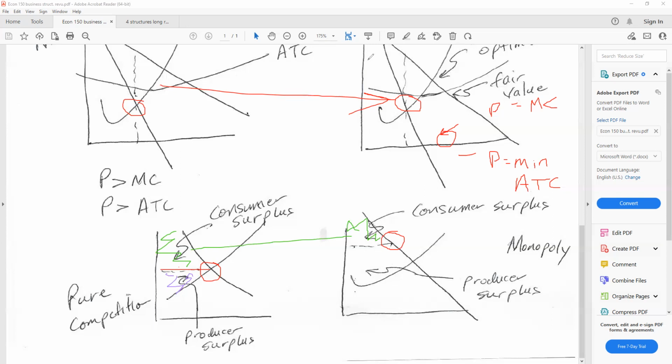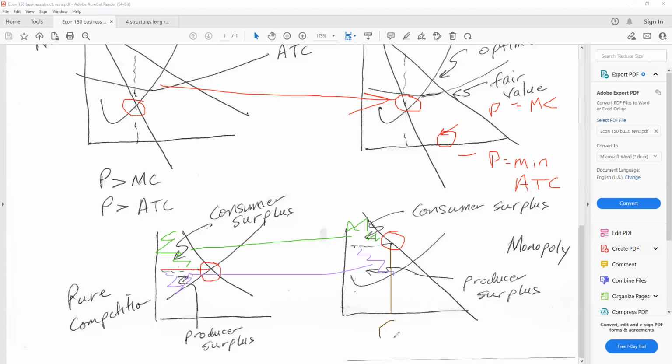And look what happens to producer surplus. The producer surplus, where you don't have a lot of competition, is now a bigger amount. This is where you're going to have your price.